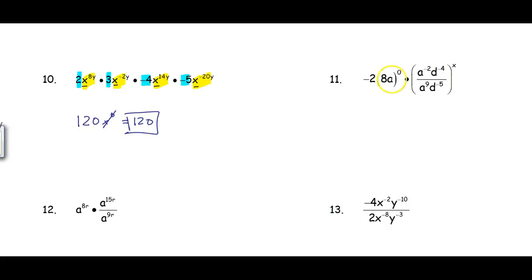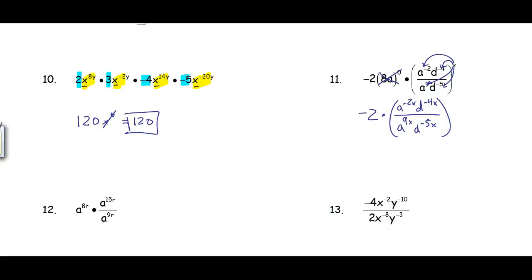All right, number 11. Anything raised to the 0, we can go ahead and cancel out, so we have negative 2 times, you've got to distribute the x to everything on the inside. So you get a to the negative 2x, d to the negative 4x, all over a to the 9x, and d to the negative 5x.